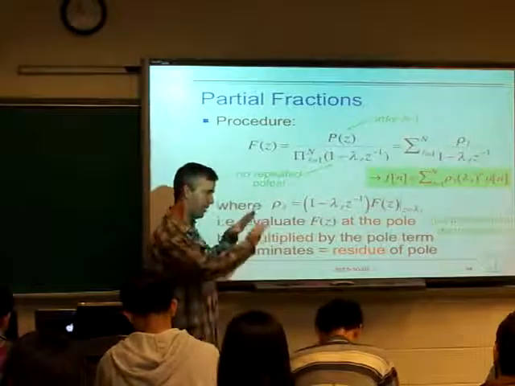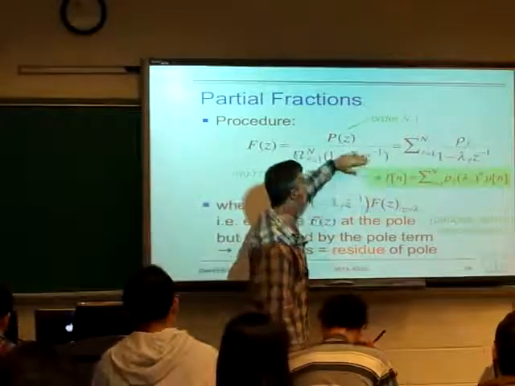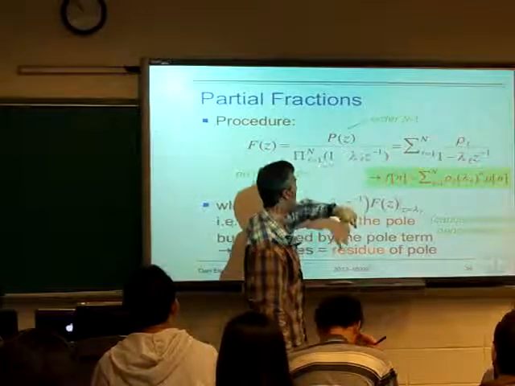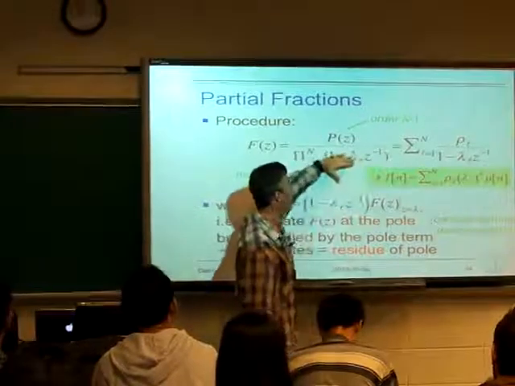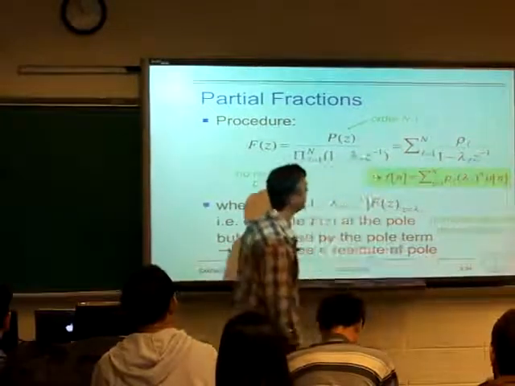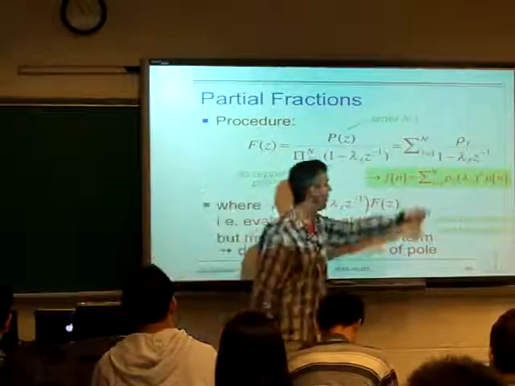Sometimes the way you think about this is you have your expression with a set of denominators. You cover up each one, and then you evaluate the expression at the root to get the actual value of rho for that term in the final sum.